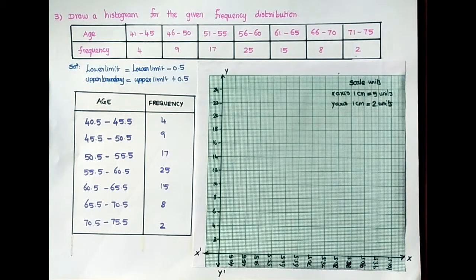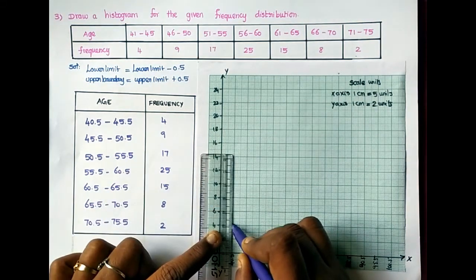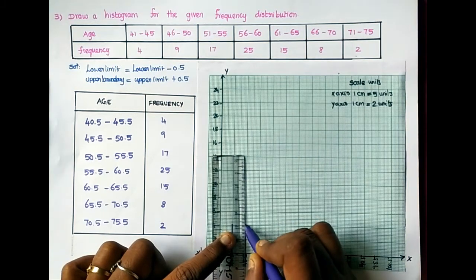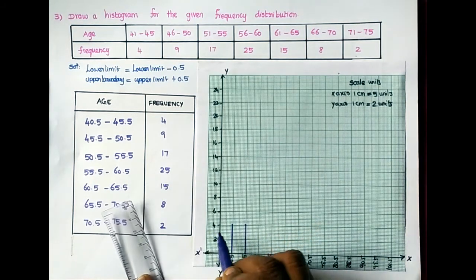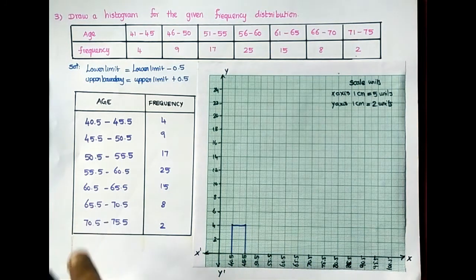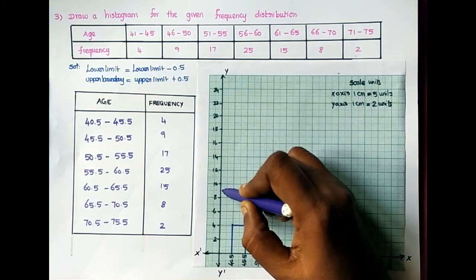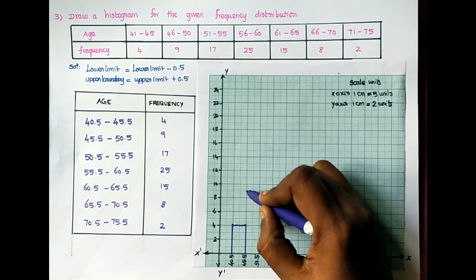First one 40.5 to 45.5, 4. Here 4. Next one 45.5 to 50.5, 9. In between 8 and 10, 9 is there. So here.